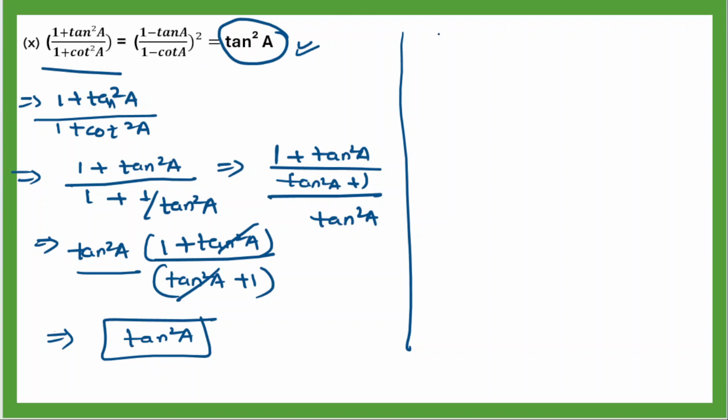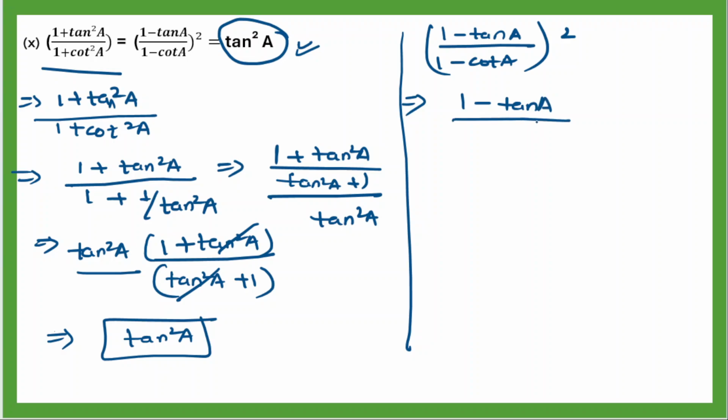Now we will take 1 minus tan A divided by 1 minus cot A whole square. Similarly, here we are going to change cot A in the format of tan A. So 1 minus 1 divided by tan A whole square.